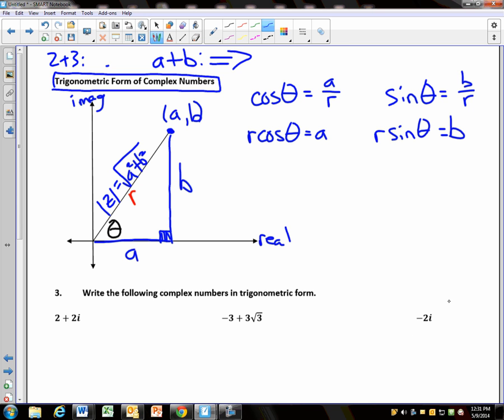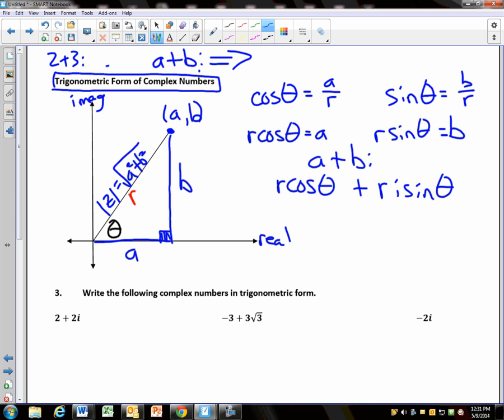Okay, so we have those two things, and so instead of writing a plus bi, instead of an a, I can write r cosine of theta. And instead of b, I can write, and there's an i in there, isn't there? So I'm going to write r i sine of theta.